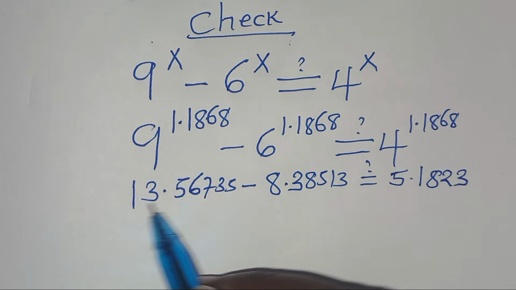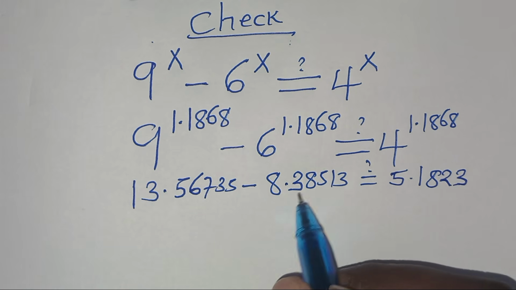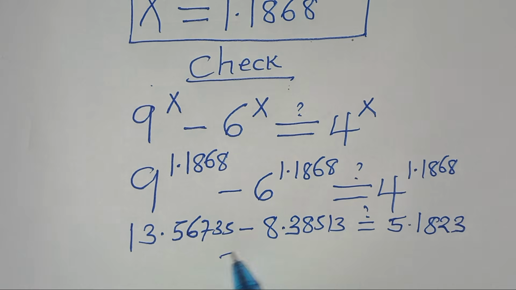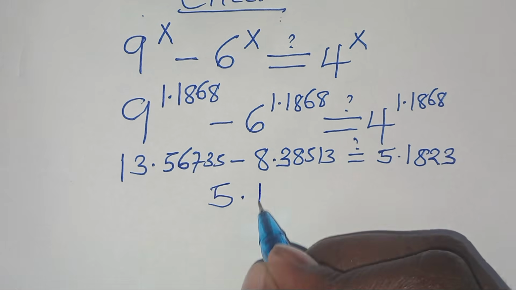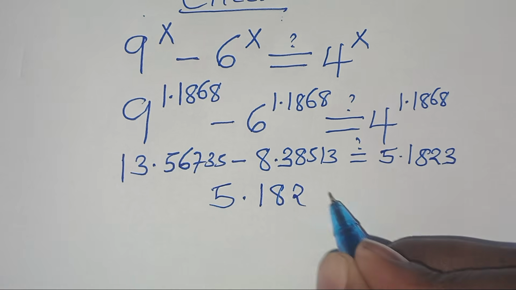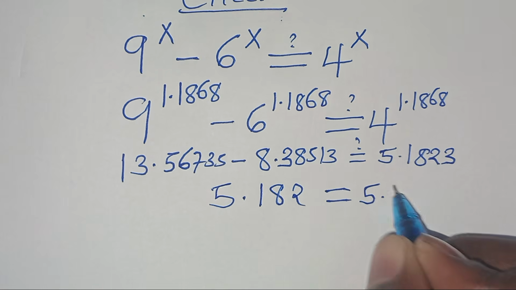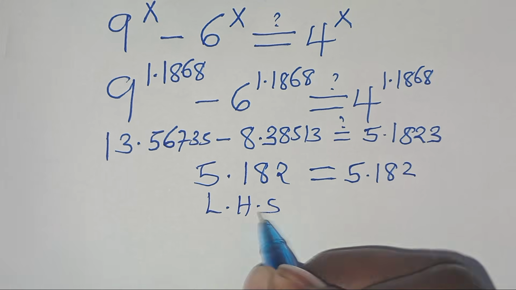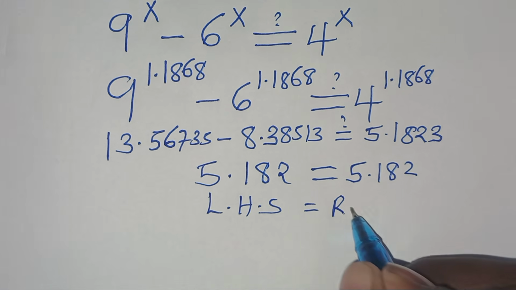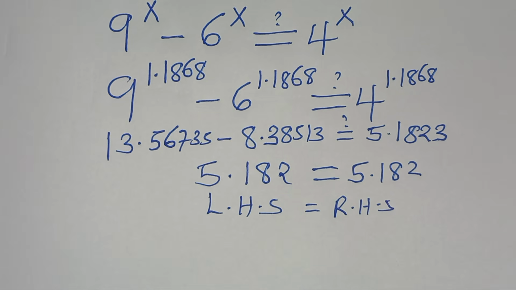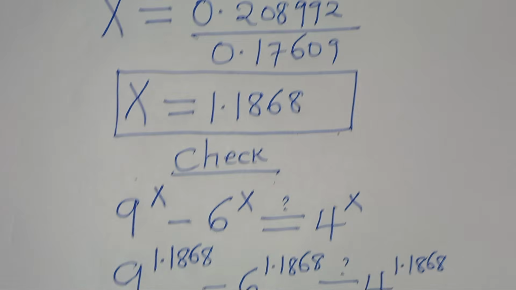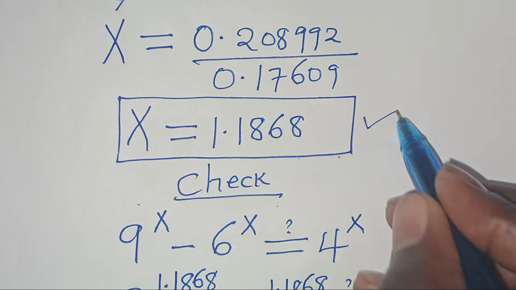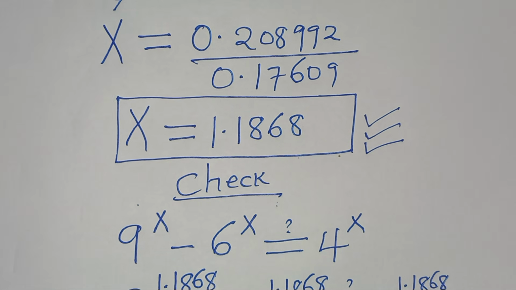Now this is to mean that 13.56735 minus 8.38513 is the same thing as 5.182, which is equal to 5.182. So the left-hand side is equal to the right-hand side. And this proves that the value of x here, which is 1.1868, satisfies the equation.